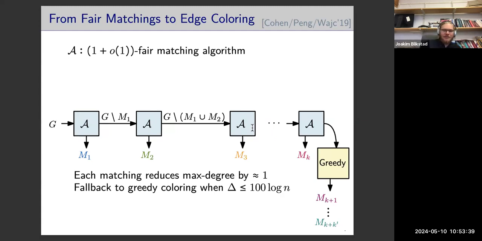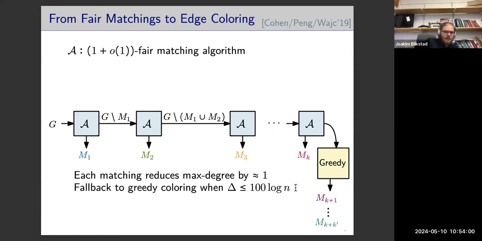For these high probability bounds, you need delta to be at least log n. So when delta is smaller than log n, you just have to do something different. But then we can just fall back to greedy and use at most 2 log n colors, like a factor of 2. But this is a little order of delta term.